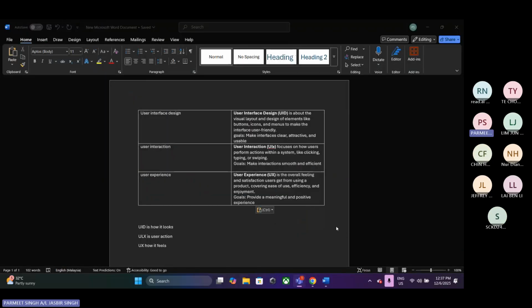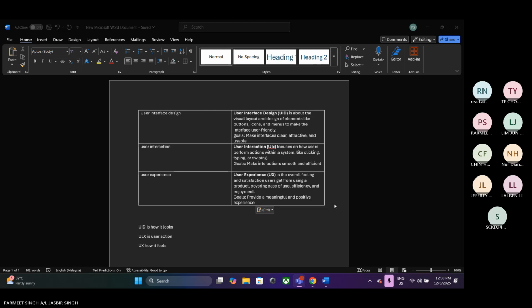Can you see? Okay. So, the user interface design, like UID, is about the visual and the design. Like in the app, as soon as you enter, it will make it clear and attractive.